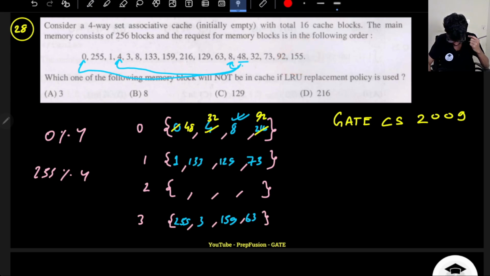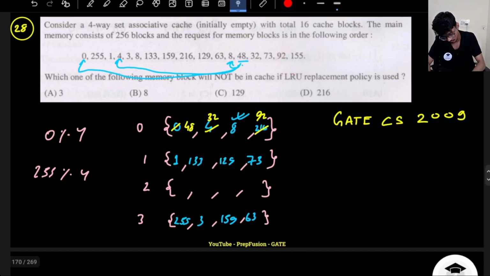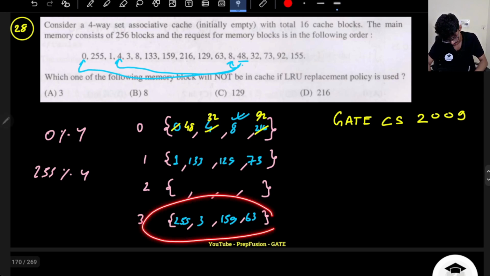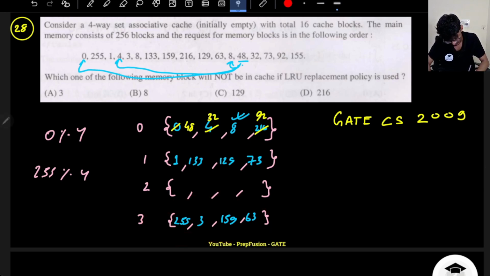155 will be what? 155 mod 4 will be 3. 155 is not present, so out of these, which one is the least recently used?